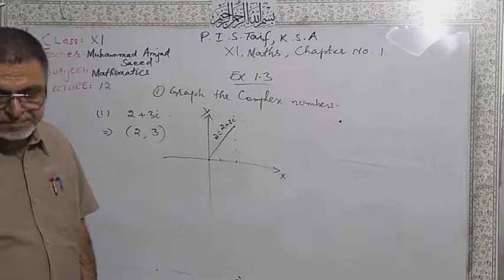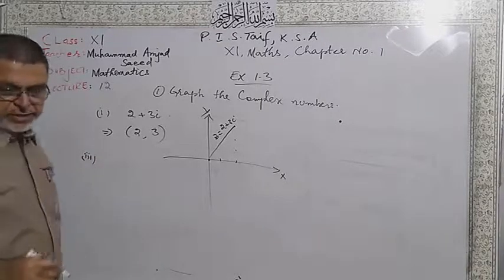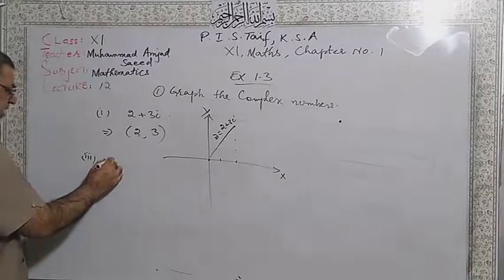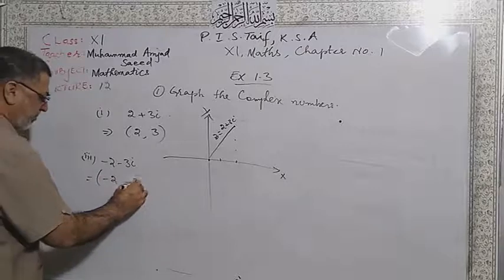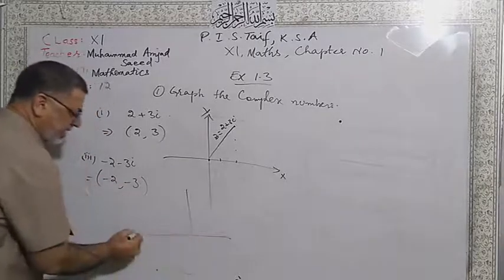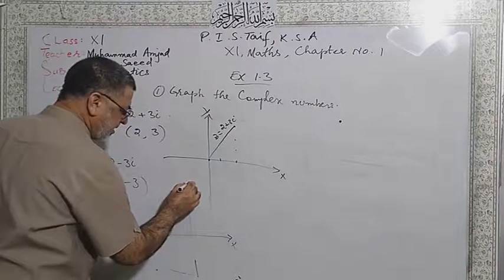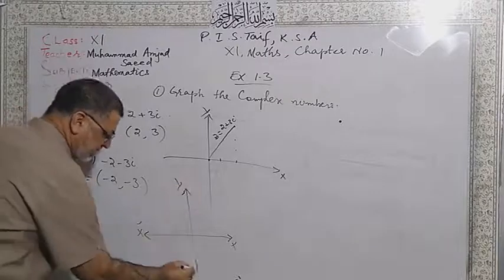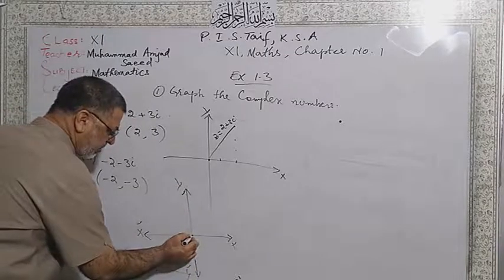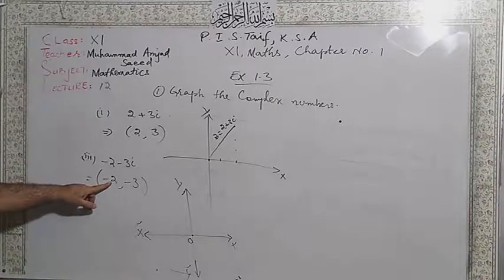Similarly, you can have part number 3. What is part number 3? That is minus 2 minus 3 iota. First of all, you convert it into ordered pair form and you can check. This is the reference axis, x-axis and y-axis. This is the origin. Remember that x value is minus 2.